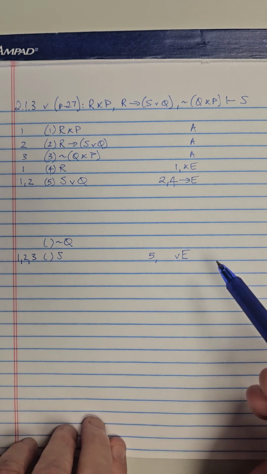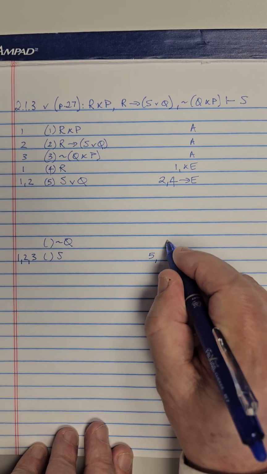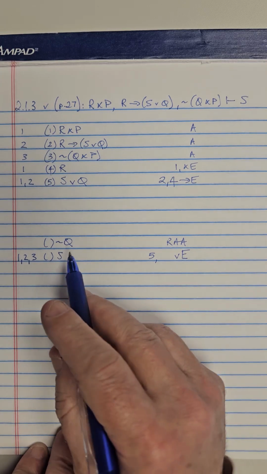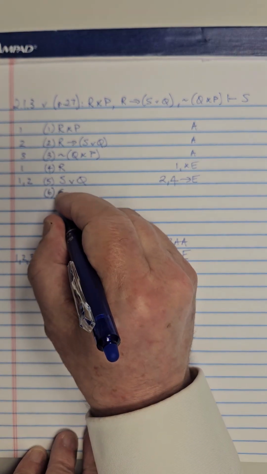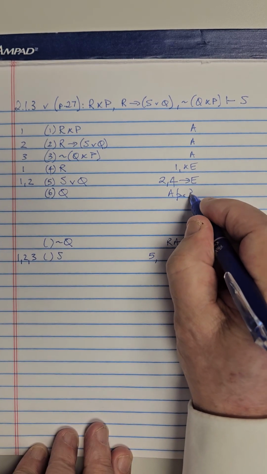So we're going to have to use reductio. And what that means is that we assume the denial of what we want to prove. So we assume Q, an assumption for reductio.